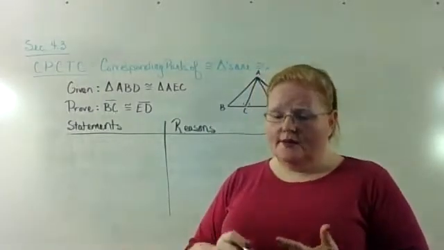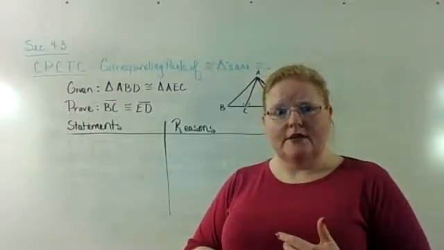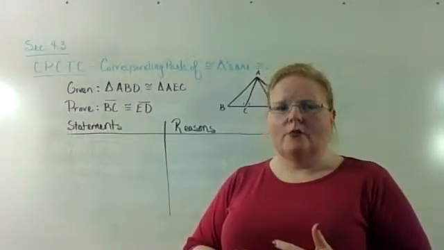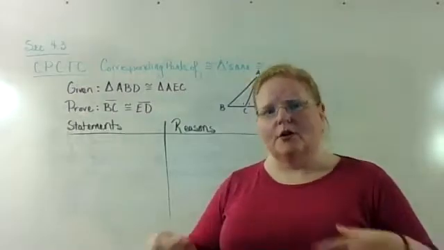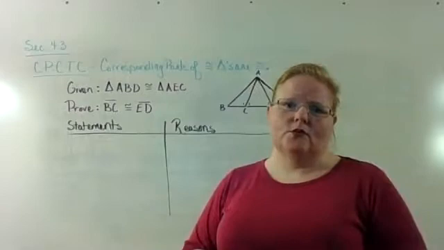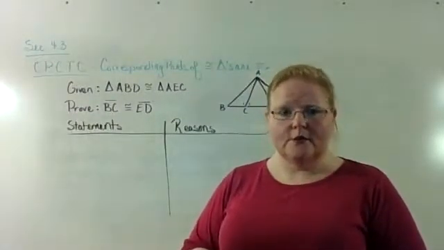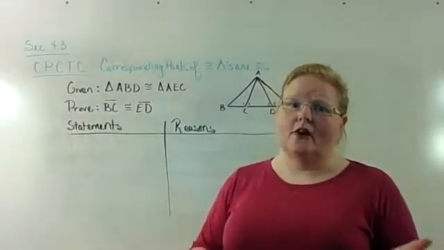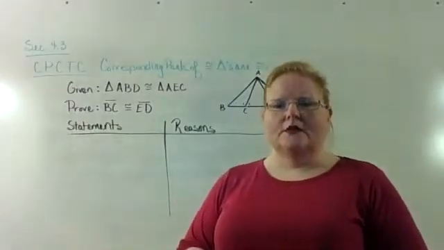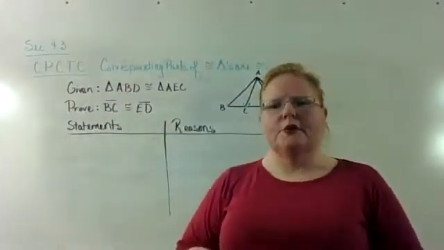So if you have two congruent triangles, you know that side angle side must be the same in both of those because corresponding parts of congruent triangles are congruent. So they must have the side angle side element to it. It must have the angle side element to it. In fact, it's got all sides and all angles element to it because that's the corresponding parts of congruent triangles are congruent part.